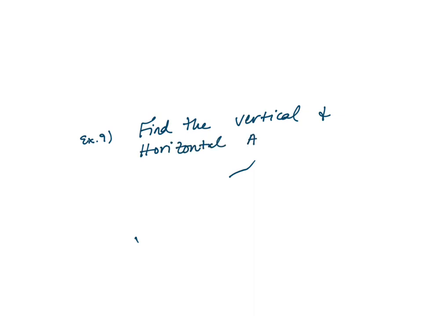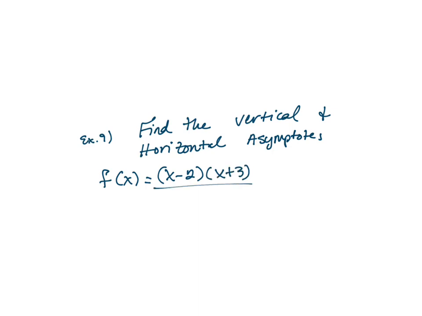All right, this is example 9. It says find the vertical and horizontal asymptotes. And our function here is f of x equals x minus 2 times x plus 3 divided by x minus 1 times x plus 2 times x minus 5.